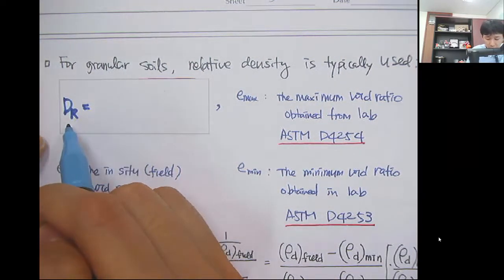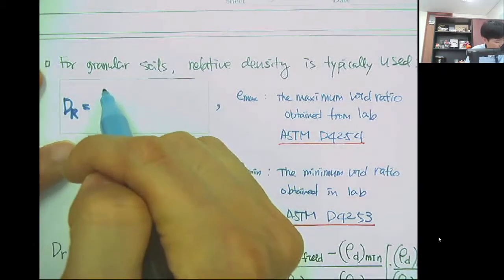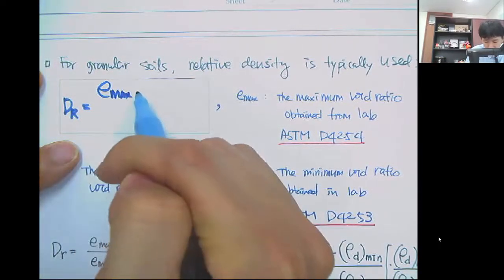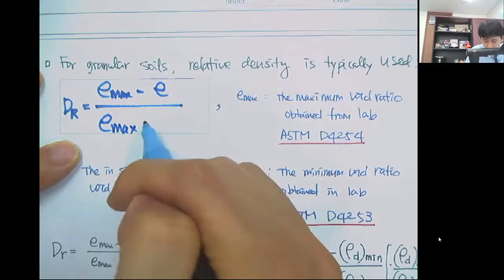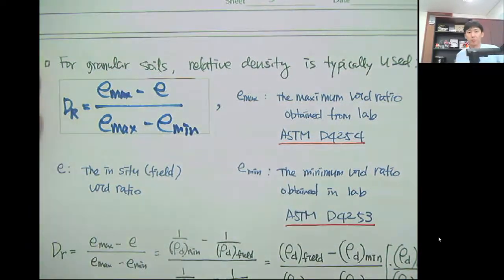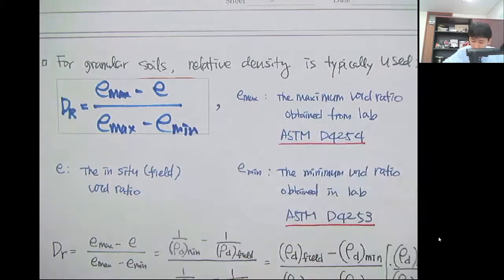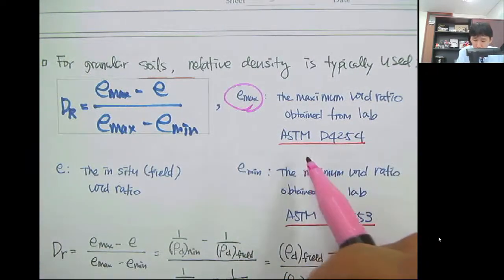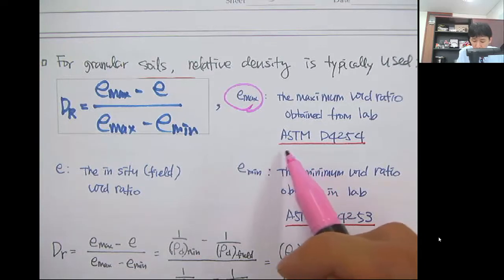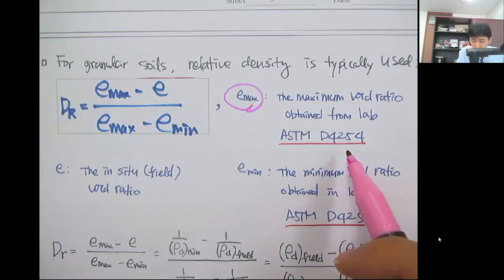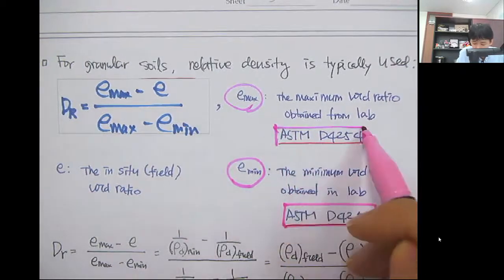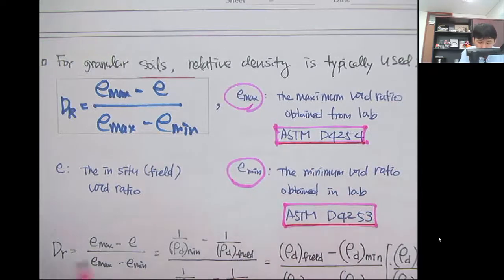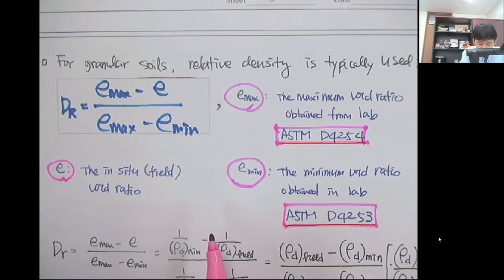So Dr stands for the relative density, and that's defined as e max minus e over e max minus e min. Here e max is the maximum void ratio obtained from the lab, and there's a standard method suggested by ASTM D4254, and e min is the minimum void ratio obtained in the lab, and also there's a specification for that. For the details you can refer to this document. And e is the in situ, or field, void ratio.